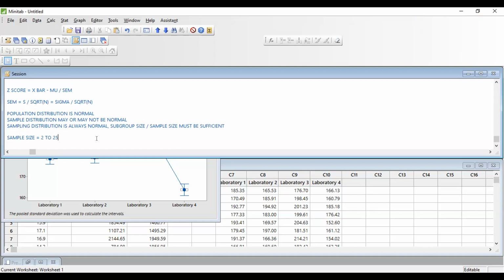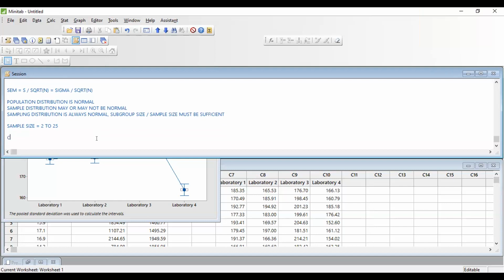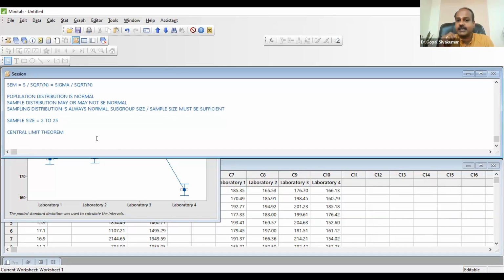Right? If the population is normal, the sampling distribution can help you to predict. If the population is not normal, then also the sampling distribution can help you to predict well. This is known as the central limit theorem. So what is the central limit theorem telling?